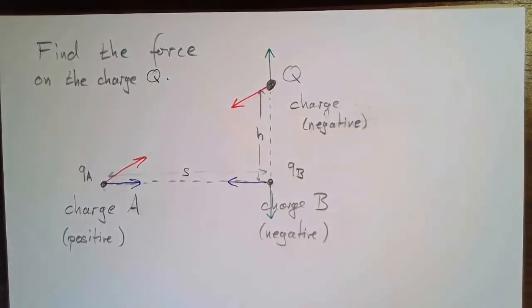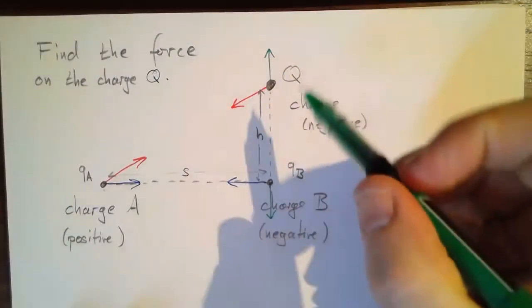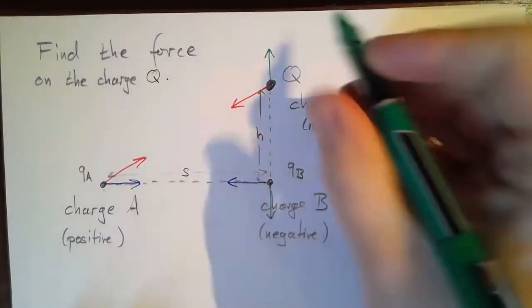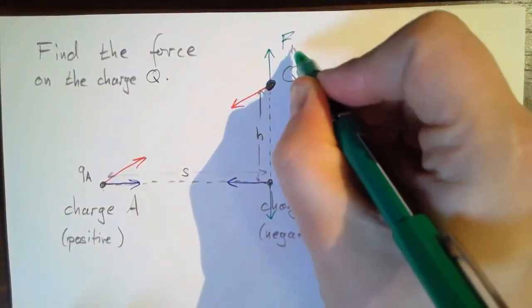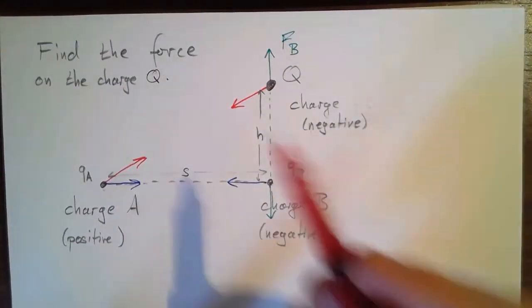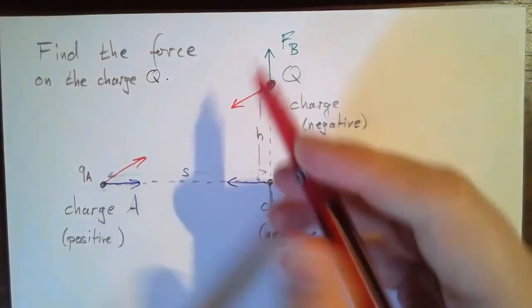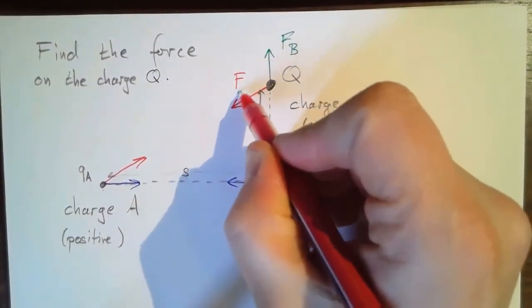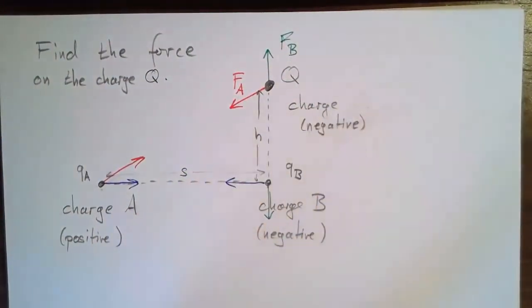So now I'm going to calculate the strength of each force. Let me label those. Because this one here is due to charge B, I'm going to call this F subscript B. And because this one here is due to charge A, I'm going to call it F subscript A. I want to find the net force.